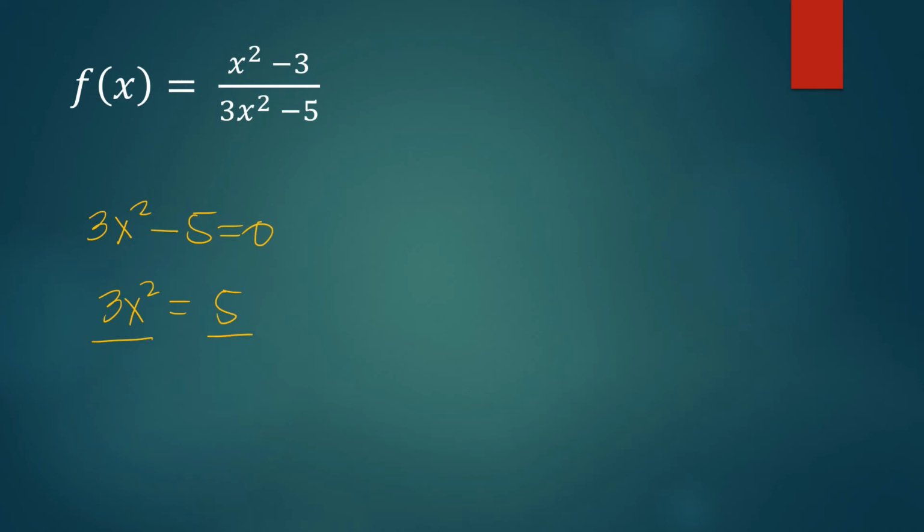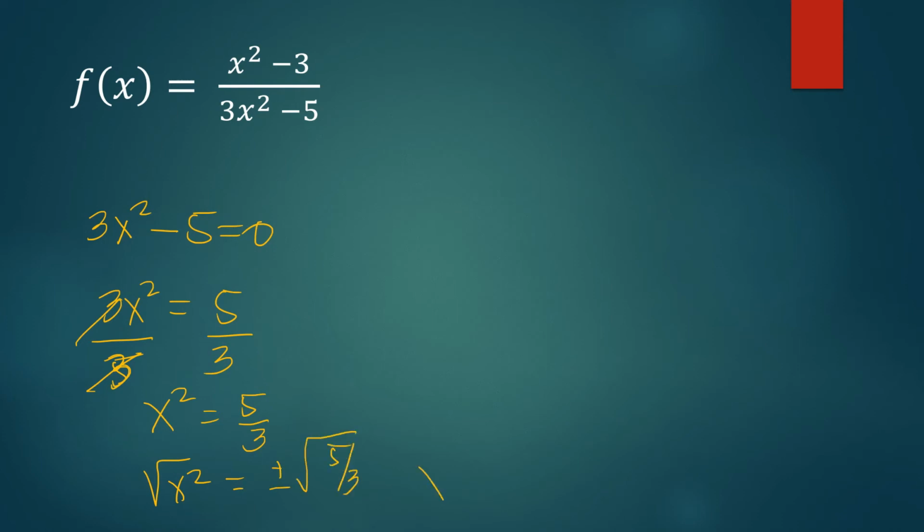To get rid of 3, we divide both sides by 3, so x squared is equal to 5 over 3. Then x equals plus or minus the square root of 5 over 3.